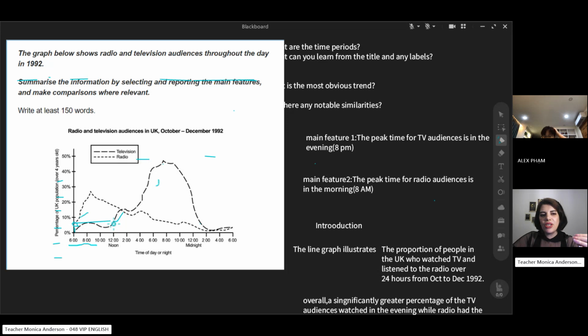As you can see, less than 10%. So we can say that less than 10% of people watch TV between, for example, between when? 6 a.m. to... Yeah, of course, very good. 6 a.m. to 12 p.m. Yeah, of course. Very good.